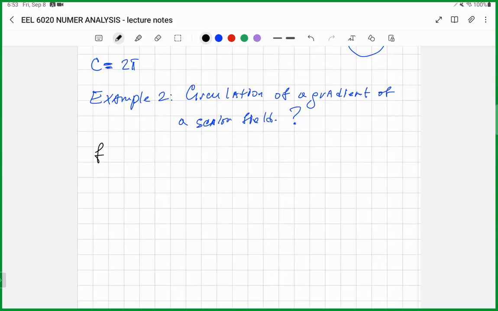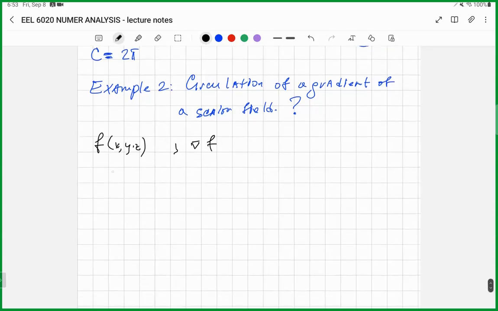Suppose we have a scalar field f depending on x, y, and z, right? And we can find the gradient of this field, and for this gradient we can write the Stokes theorem.